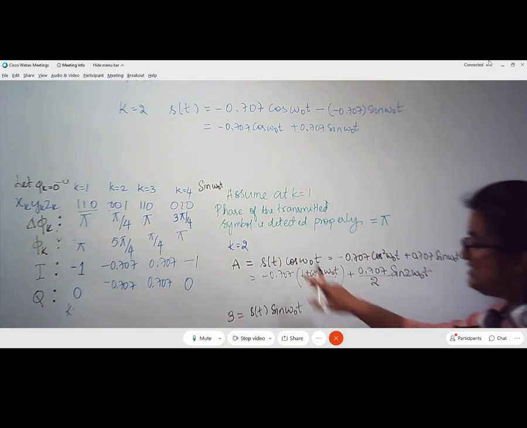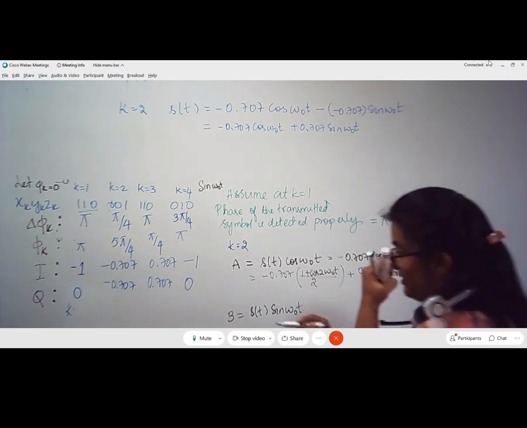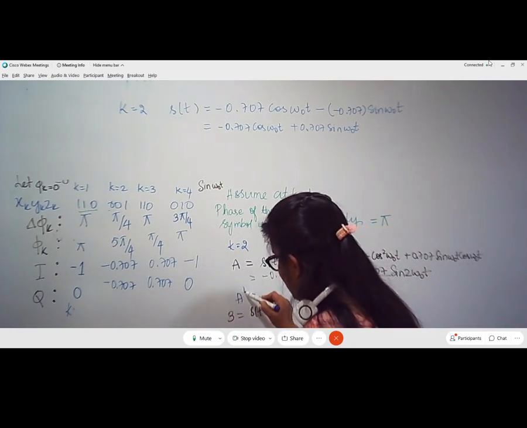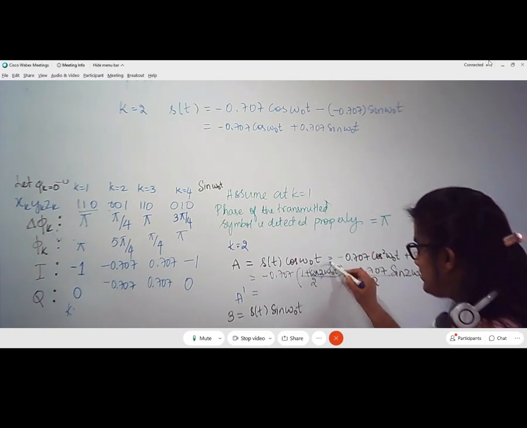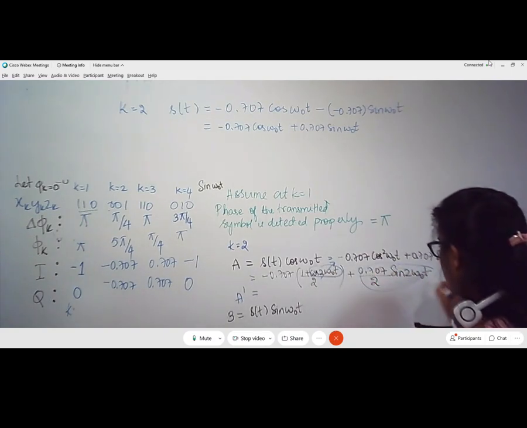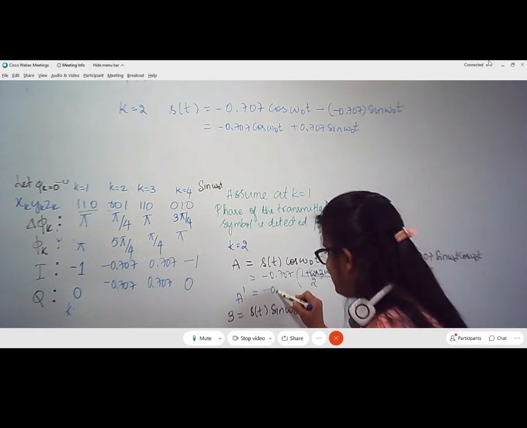When you pass this through the low pass filter at point A dash, the high frequency term will vanish, and this entire thing will also vanish. Only thing that is left out is the scaled version of 0.707.